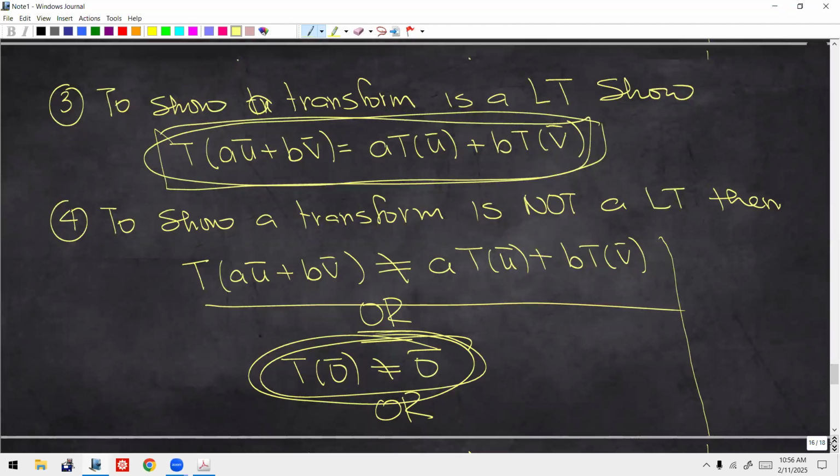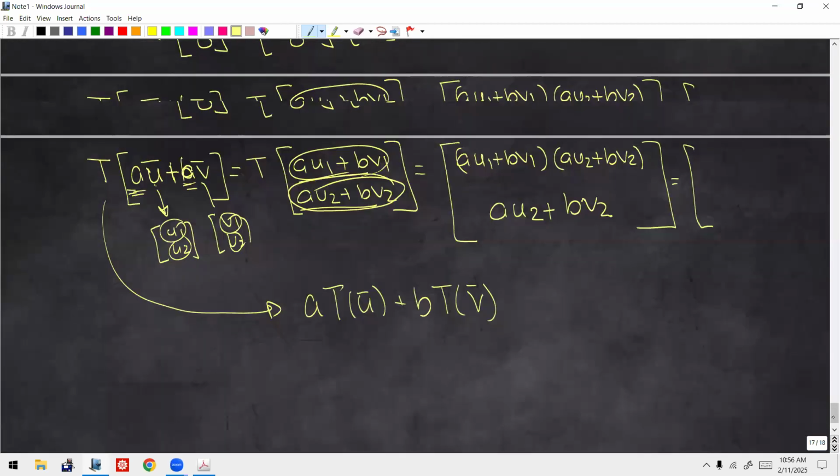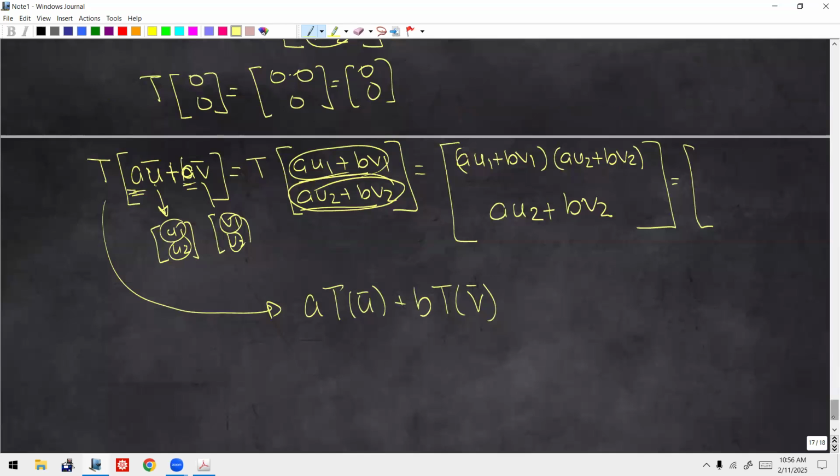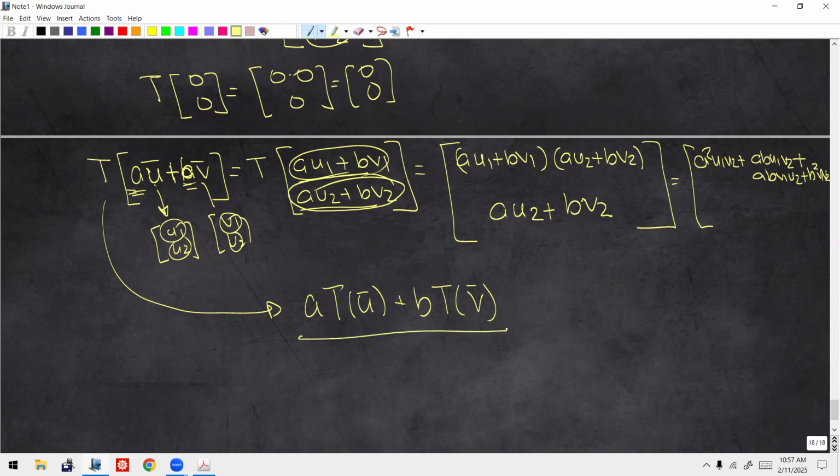So let's see. If I multiply, I'm going to get a whole bunch of squares and things like that on the top, right? So I get A squared U1 U2 plus AB U1 V2 plus AB V1 U2 plus B squared V1 V2. And that clearly is not going to give us this, just so you know.